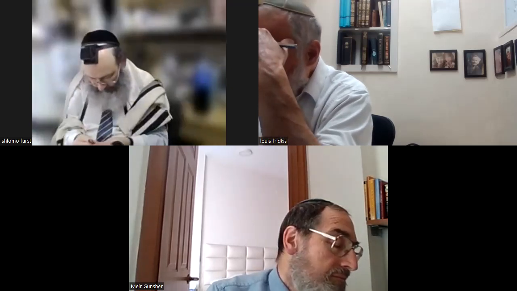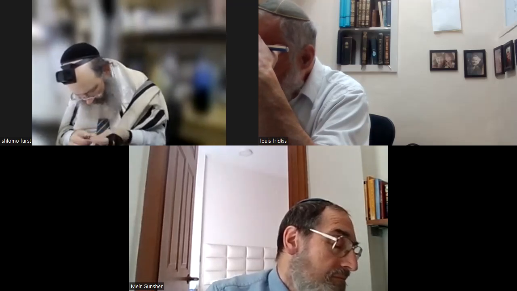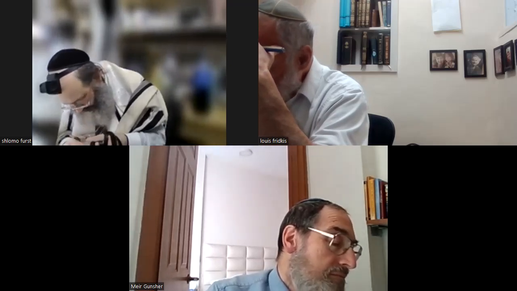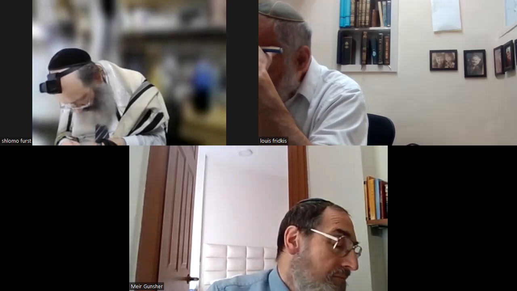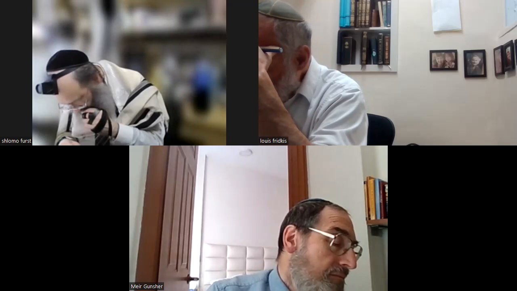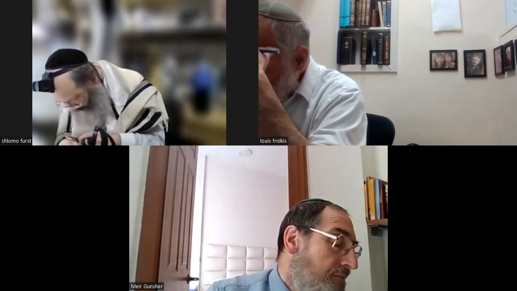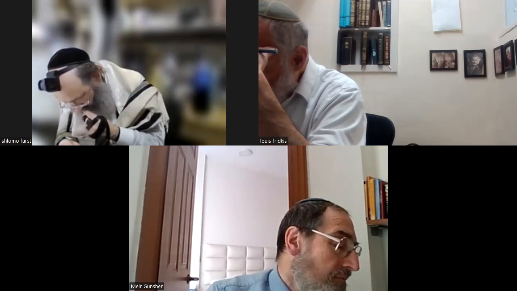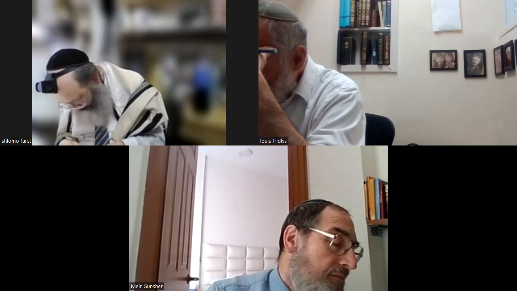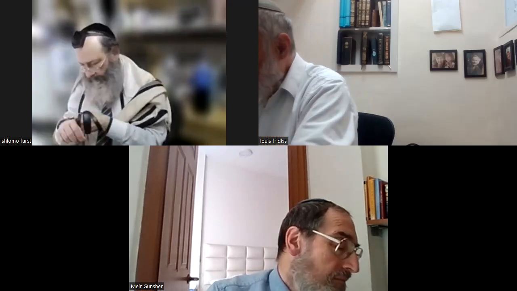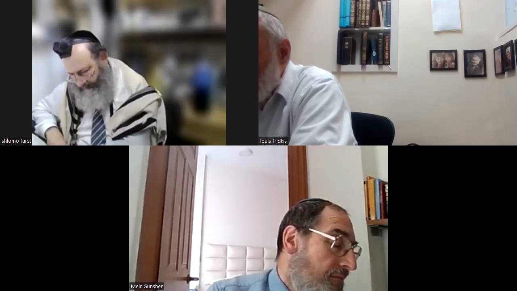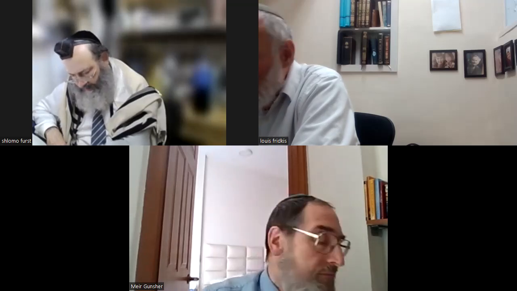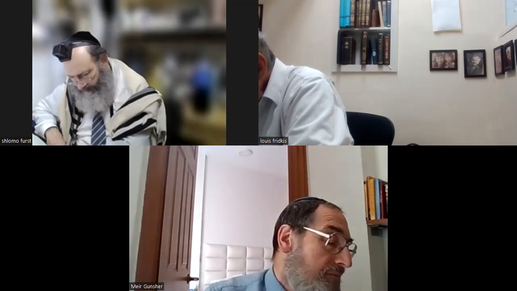Even though they're not established in the roof for the sake of shade, but in order to place upon them the ceiling panels. Those are the ceiling panels.